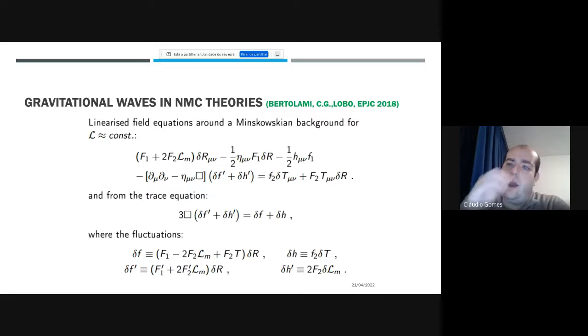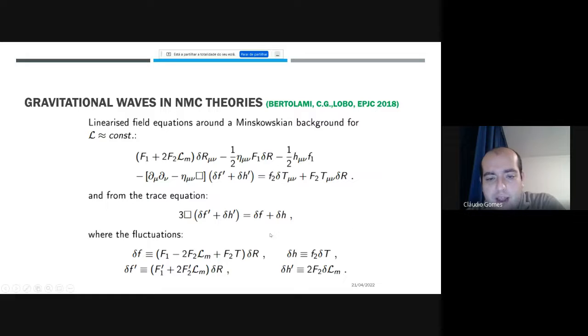So the idea here of our work was to address gravitational waves in these kinds of theories. One way to do it is to linearize the field equations around the Minkowski background. And we have assumed, for simplicity, at least to grasp some physics of it, that at first order the matter Lagrangian is constant.